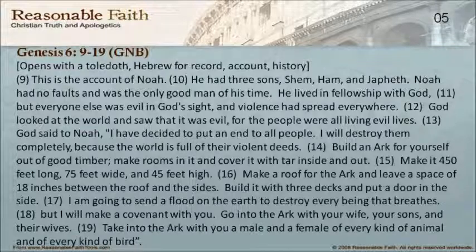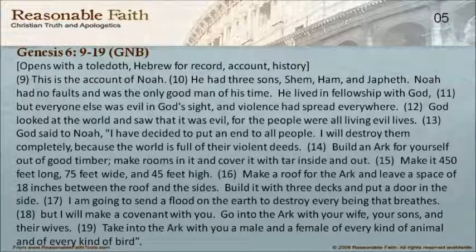Build it with 3 decks and put a door in the side. I'm going to send a flood on the earth to destroy every being that breathes. But I will make a covenant with you. Go into the ark with your wife, your sons and their wives. Take into the ark with you a male and a female of every kind of animal and of every kind of bird.